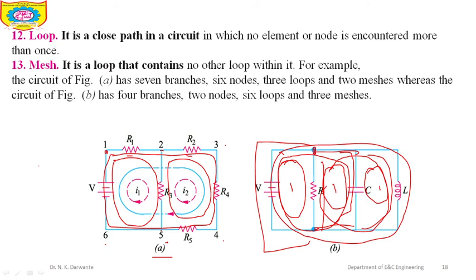Then if we see figure number A, the first loop has no other loops in it, therefore this loop may be called a mesh. This is the first mesh. Similarly here also this loop doesn't contain any other loop, therefore this is also a mesh. Means this figure contains two meshes.